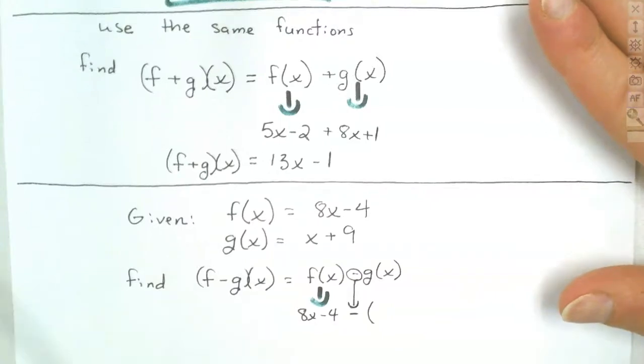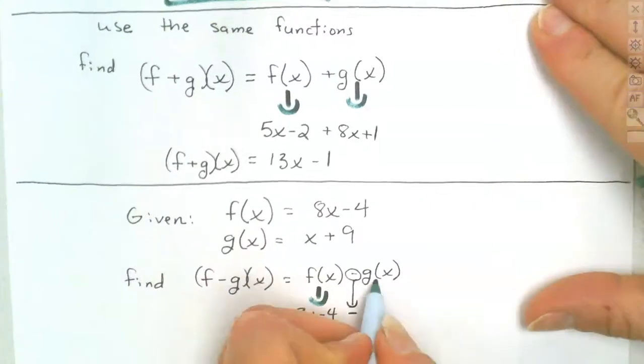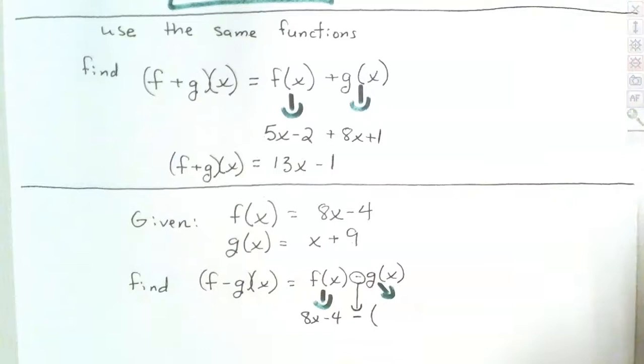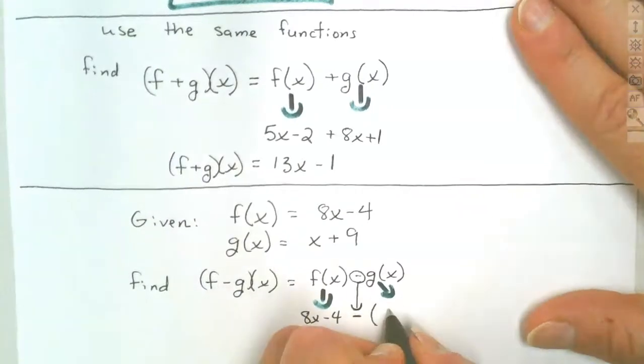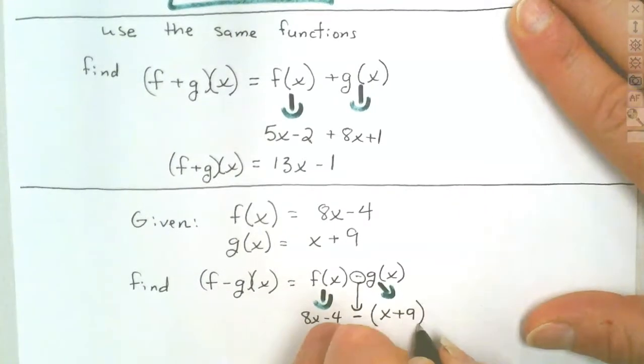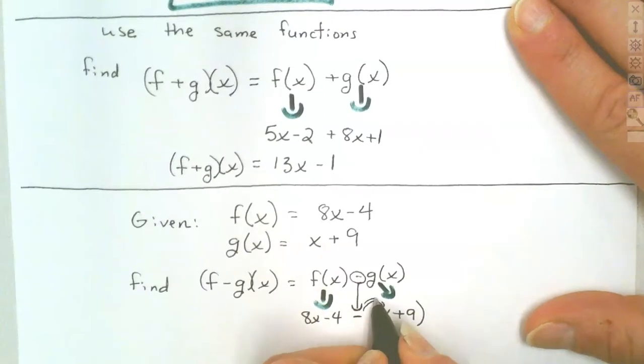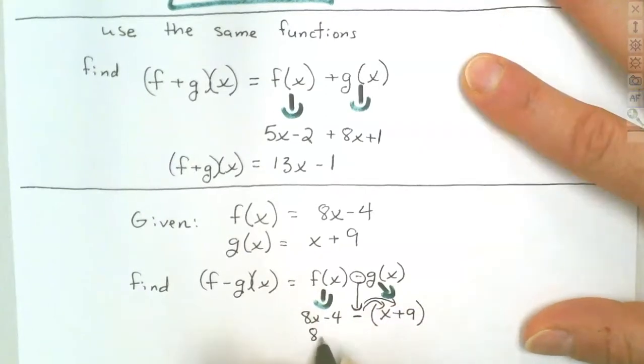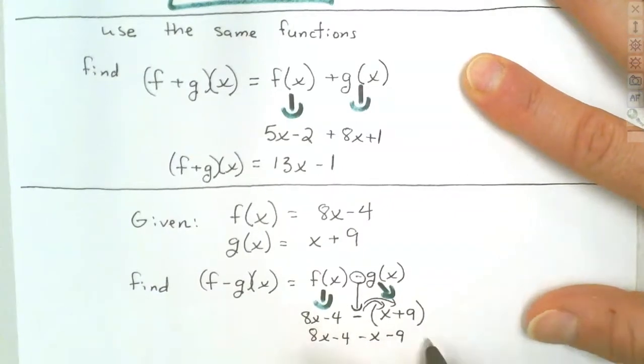And what is my g of x? G of x in this case was defined to be x plus 9. And that negative has to go through. So now I'm left with 8x minus 4 minus x minus 9.